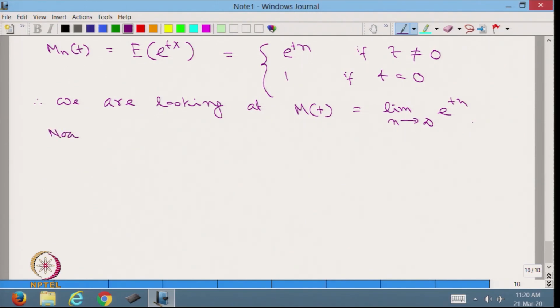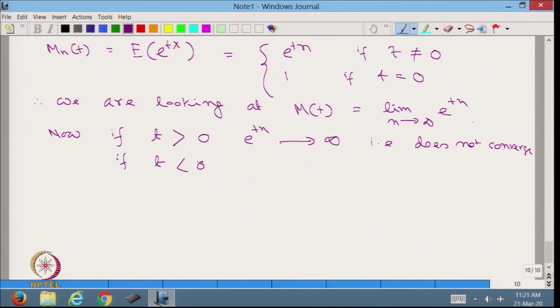Now, if t is greater than 0, e to the power tn goes to infinity, that is, does not converge, and if t is less than 0, e to the power tn goes to 0.